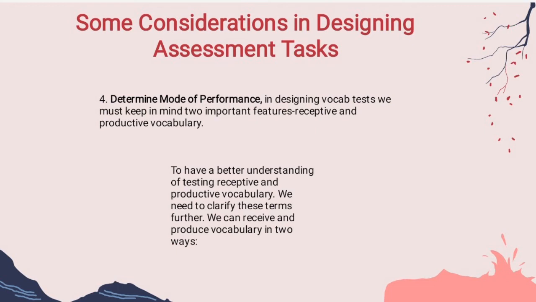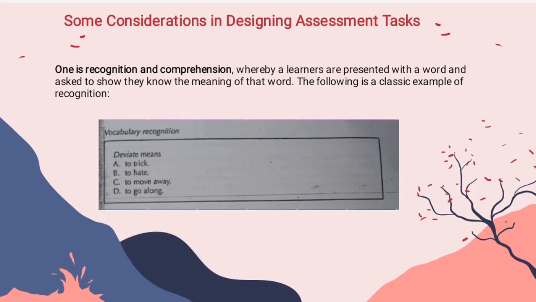Okay, to have a better understanding of testing receptive and productive vocabulary, we need to clarify these terms further. We can receive and produce vocabulary in two ways. One is recognition and comprehension, whereby learners are presented with a word and asked to show they know the meaning of the word.